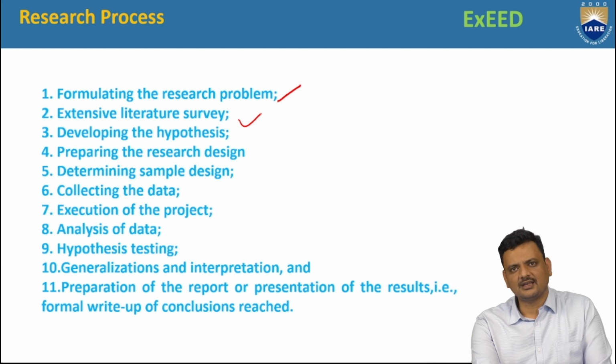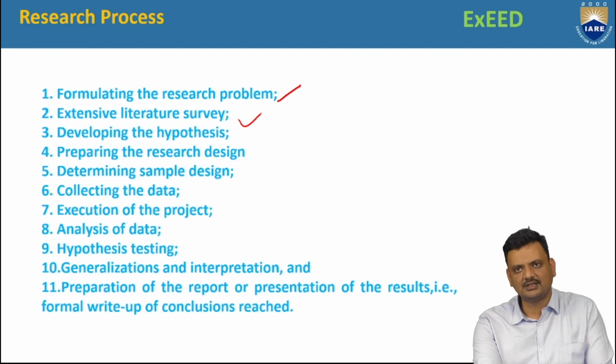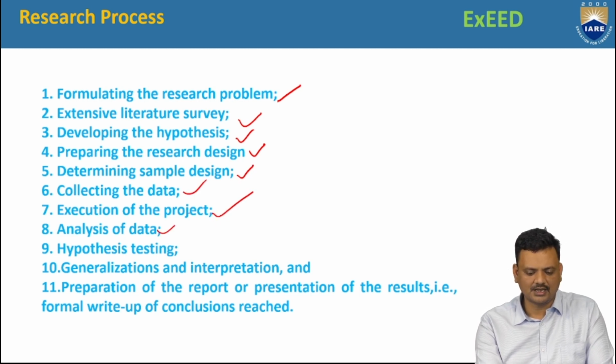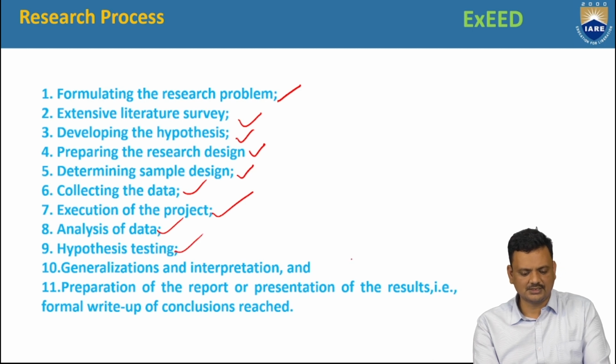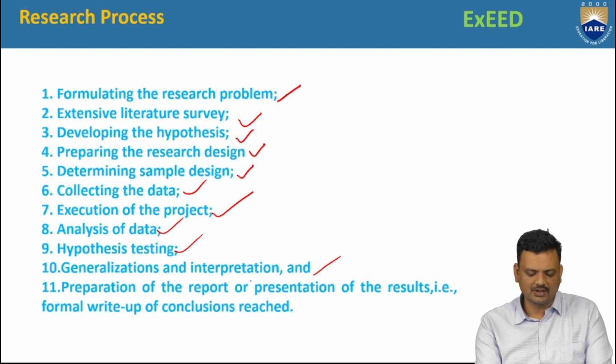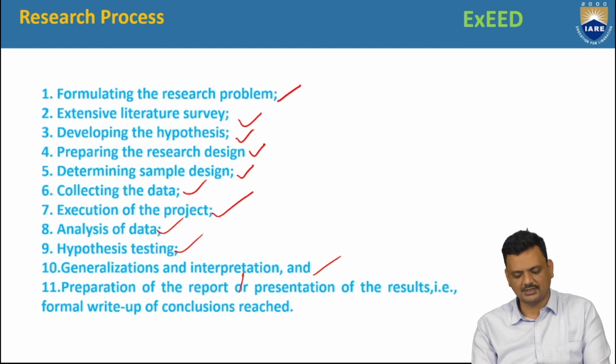The second, as I have already told you, is extensive literature survey, then developing the hypothesis, preparing the research design, determining the sample design, collecting the data, execution of the project, analysis of data, hypothesis testing, generalization and interpretation of your data. Then you can draw your conclusion, meaning preparation of the report or results.